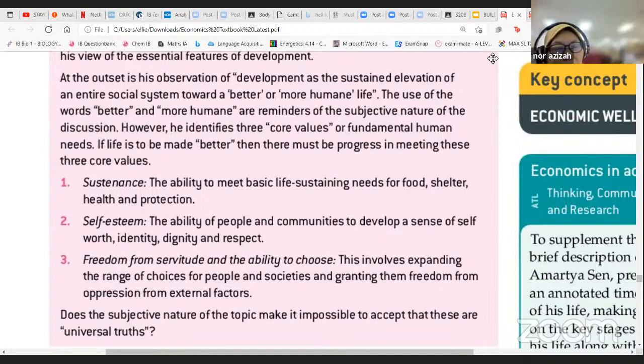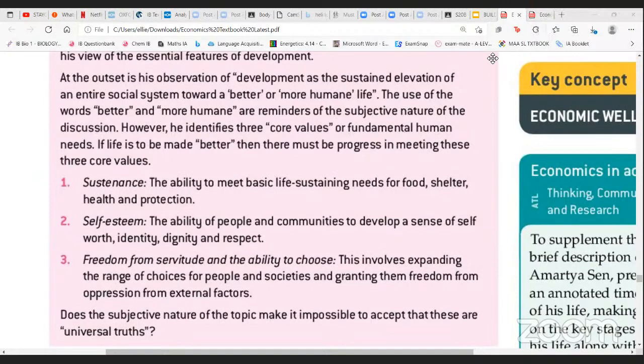So if you were to answer this question, you jawab macam mana Dina? Maybe boleh cakap yang okay, kalau ikut the essay structure tu biasanya kita bagi tahu first kenapa, contohnya kalau we accept yang these values are universal truths, kita boleh cakap yang maybe sustenance, self-esteem dengan freedom from servitude and ability to choose ni is general enough for everyone lah.